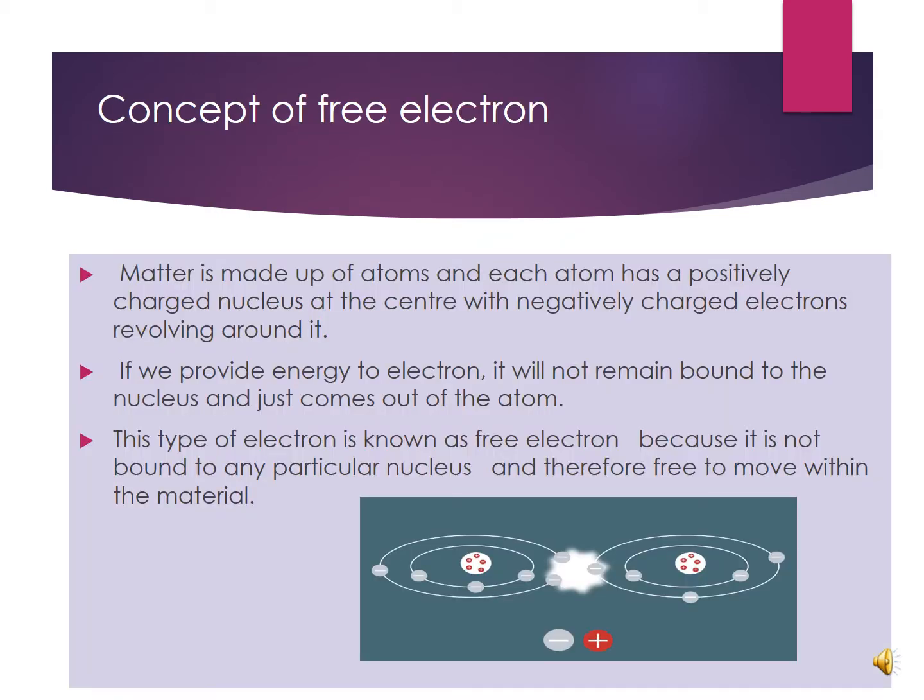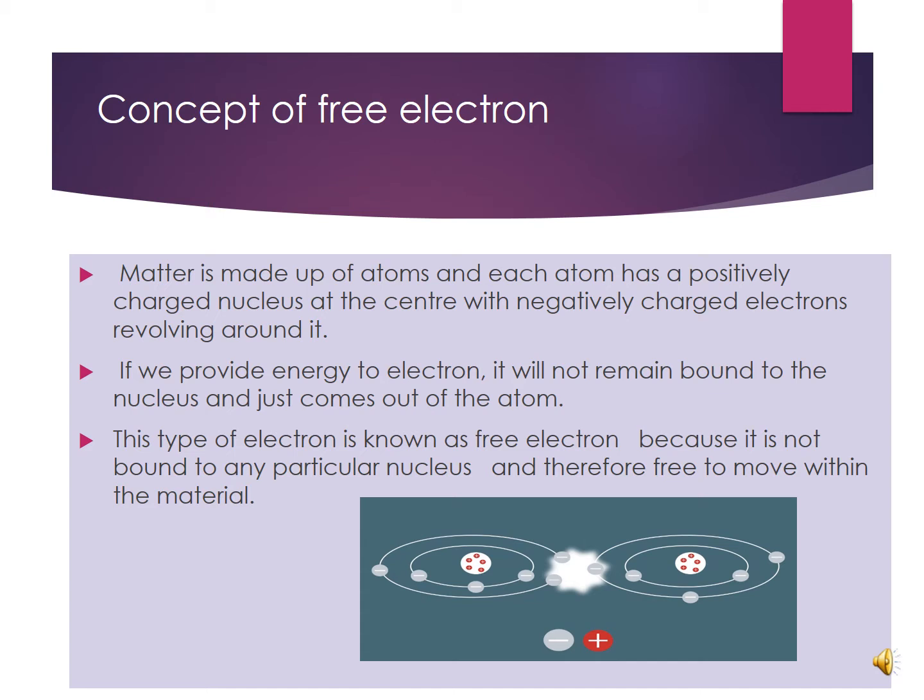Now we are coming to the concept of free electron. If we study the atomic structure, we know that matter is made up of atoms, and each atom has a positively charged nucleus at the center with negatively charged electrons revolving around it.